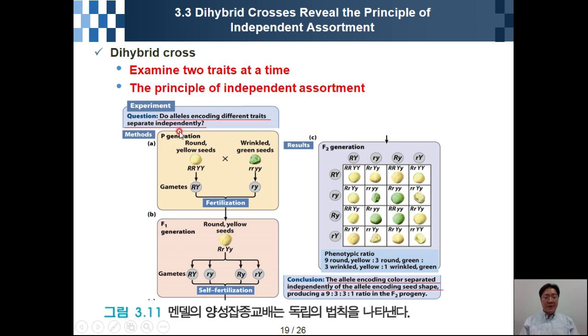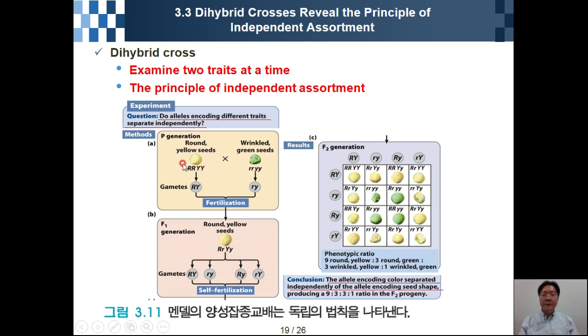To answer this question, Mendel established a homozygous dominant genotype, large R large R, large Y large Y. He also established a homozygous recessive genotype, small r small r, small y small y. The phenotypes were round yellow seed and wrinkled green seed.